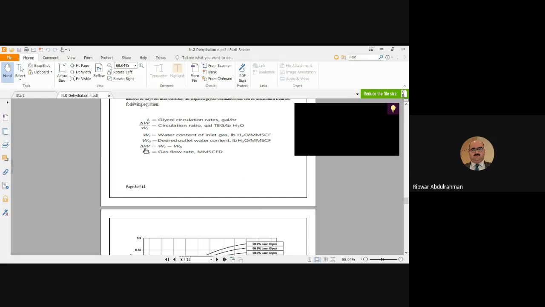We also have delta W, which is Wi minus Wo. And we already mentioned that QG is the gas flow rate in million standard cubic feet a day. I hope these terms are now very clear, and we will explain them again in the given problem and repeat them.